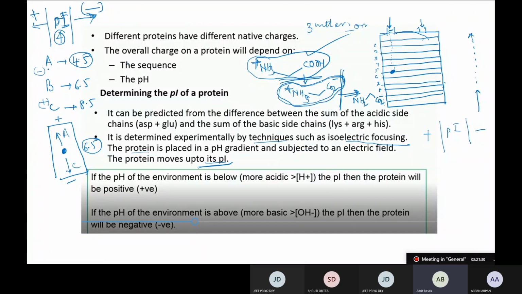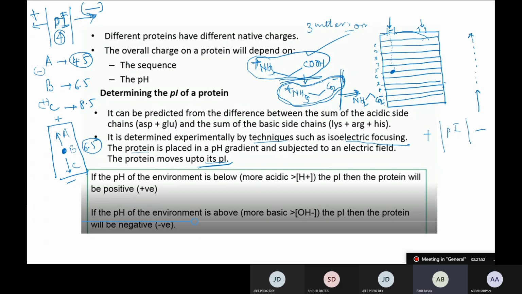Now you have a mixture of three, A, B, C. You are maintaining the pH at 6.5 throughout this gel. B is right at pI 6.5, so it will not move; it will have zero charge overall. So B will remain here. The question is, what about A?